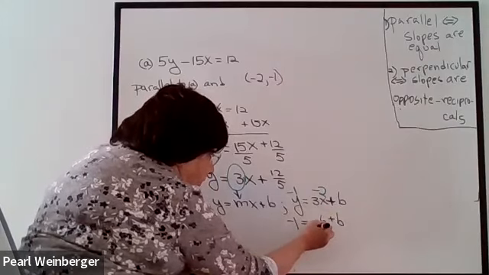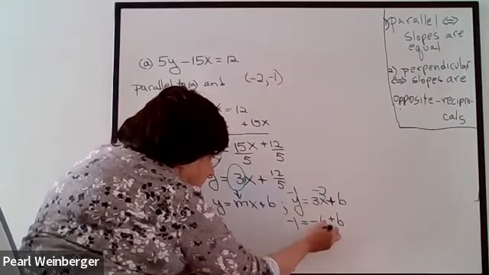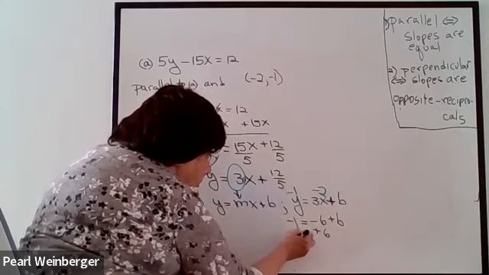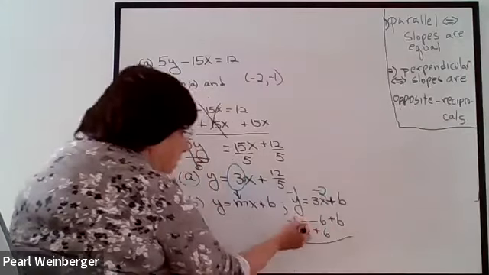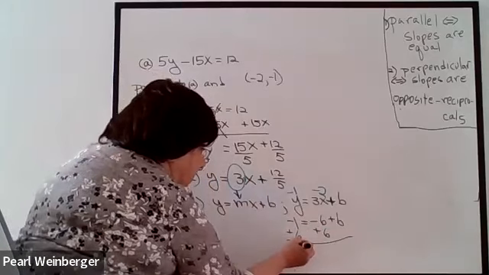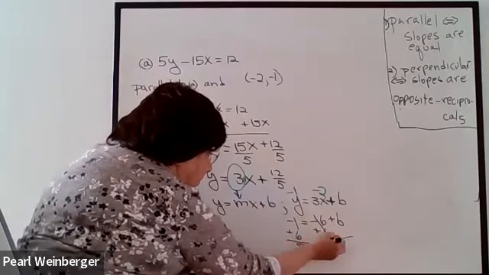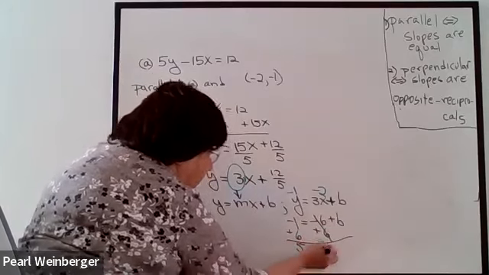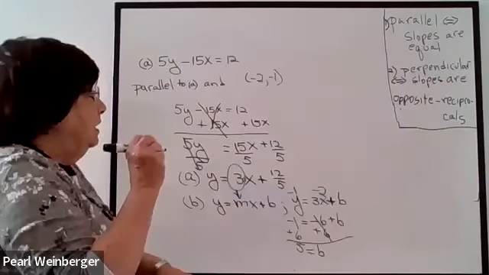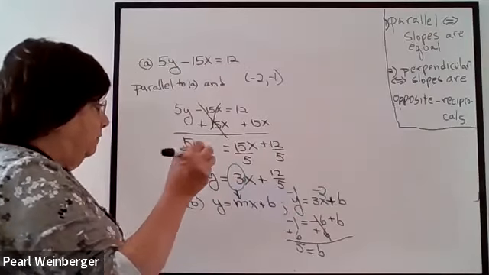And to figure that out, I have to get the 6 to the other side. -1 plus 6 is +5. This cancels. My b for this line is 5.